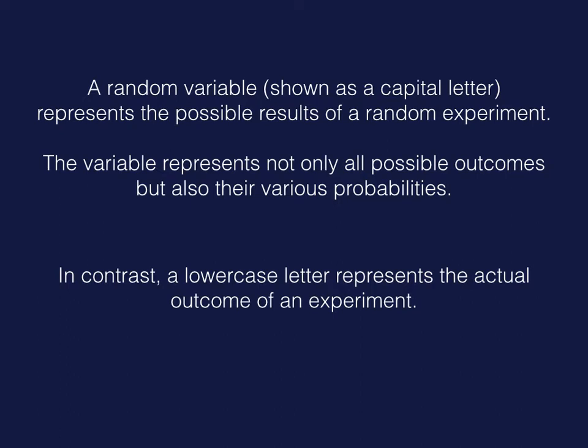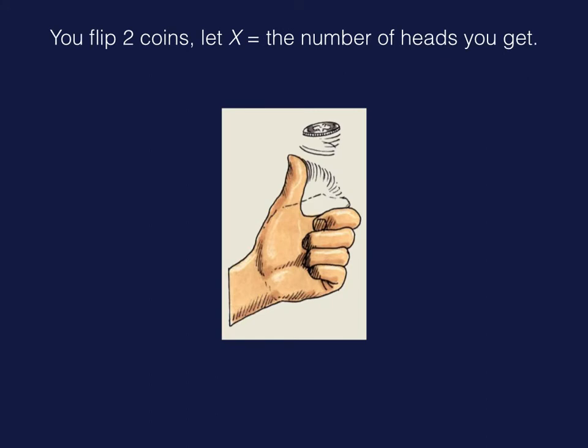It's a small but important point to make because you'll see these symbols used in the book and in my notes and other places. Okay, let's do a fairly simple example. If you flip two coins and define X, and that's capital X, as the number of heads you get, then we have to think about all the possible outcomes and their various probabilities.